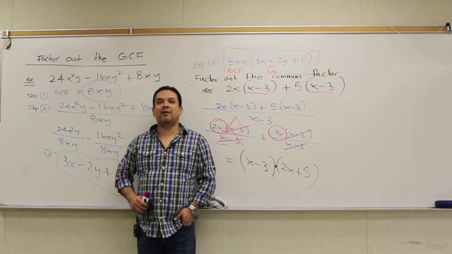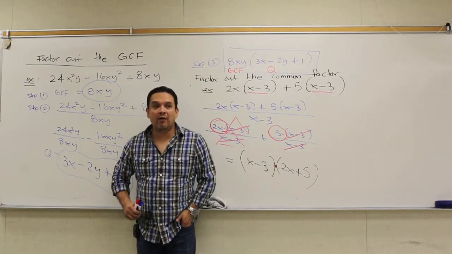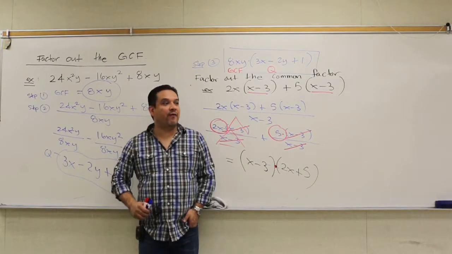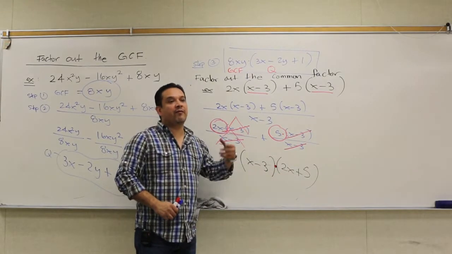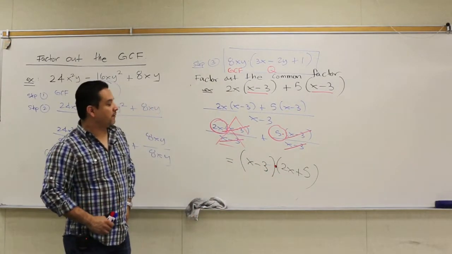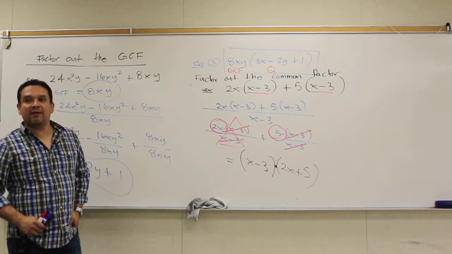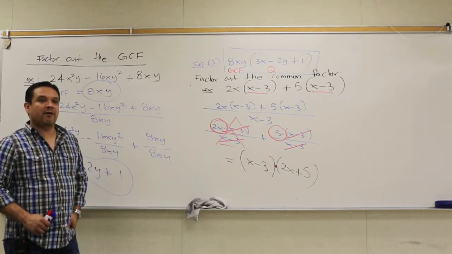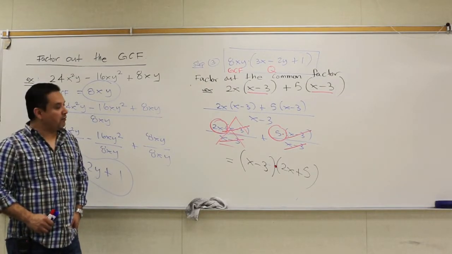FOIL, good. Factoring is the reverse of FOIL, ladies and gentlemen, and of the distributive property. Okay, you guys okay with this? Isn't that interesting? That's my answer. You're done. That's your step 3.